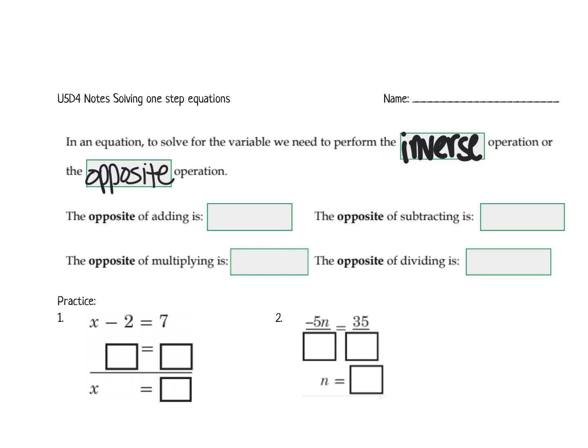So the opposite of adding, we know, is subtracting. The opposite of subtracting, then, is adding. For multiplication and division, the opposite of multiplying is dividing. And the opposite of dividing is multiplying.